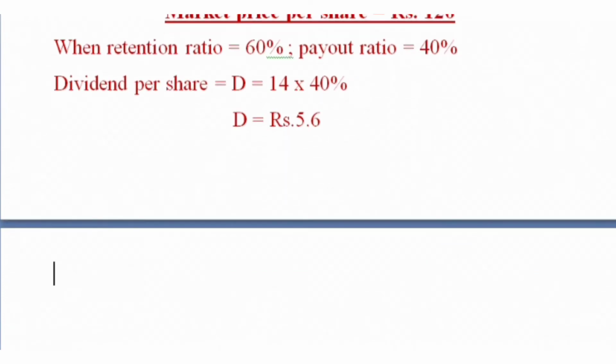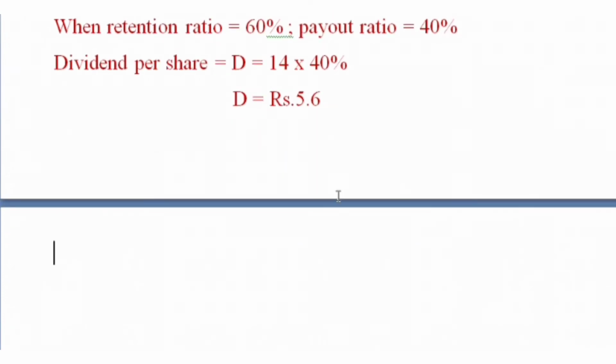Let me find out the growth rate also. For every retention ratio, the payout ratio and the growth rate will also differ. How do you find the growth rate? Growth rate G equals B into R. Here the retention ratio is 60% and the rate of return is 20%.